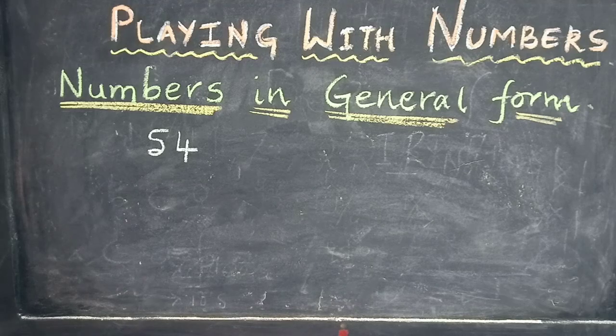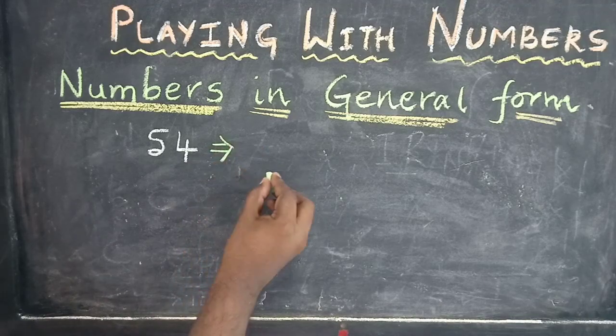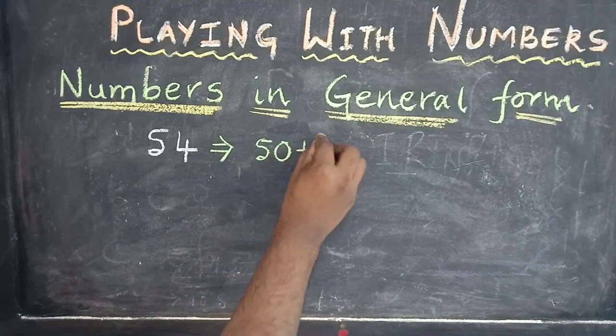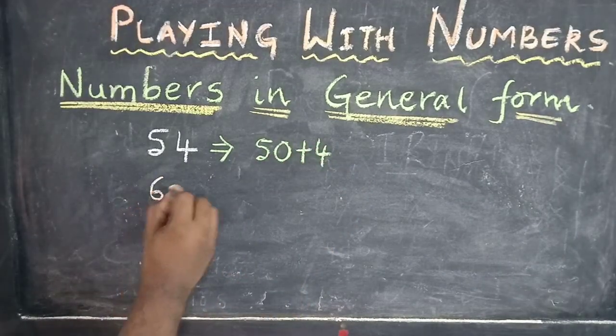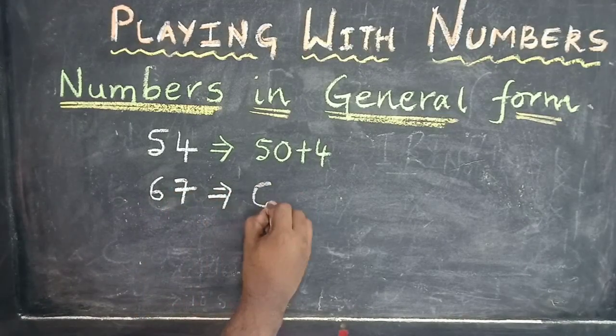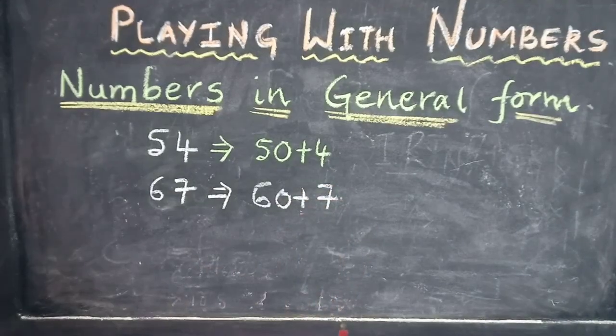Now, how do we express this number in general form? 54 I can write as 50 plus 4. In the same way, one more example, 67 I can write as 60 plus 7.